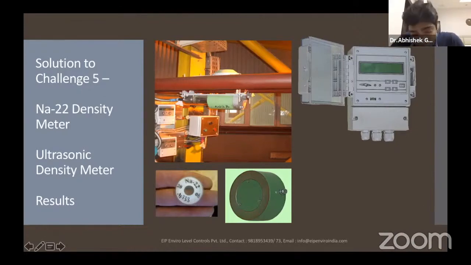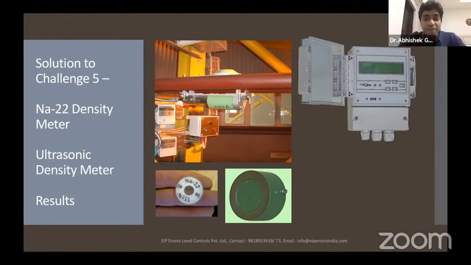Over here, I would also like to brief you. When we talked about nucleonic, we are talking about a nucleonic density meter where there is a source and a detector. And there was the ESP ash hopper level measurement where we were again talking about only a detector but no source, because the fly ash was the source of radioactive ions.